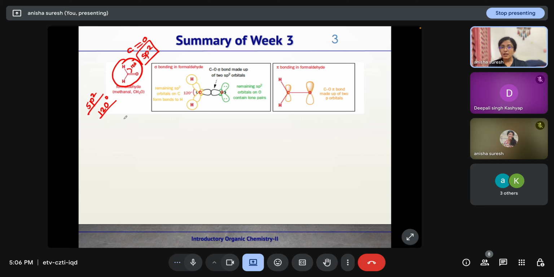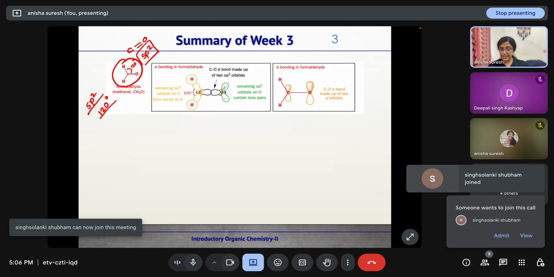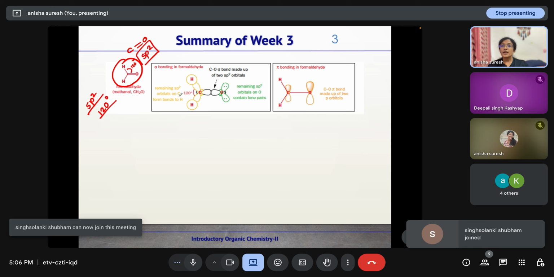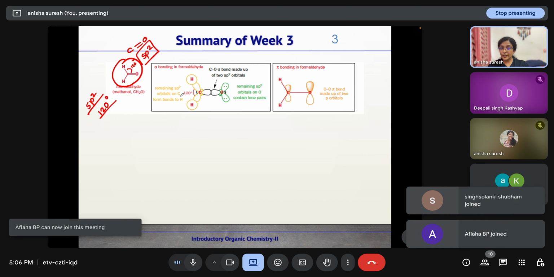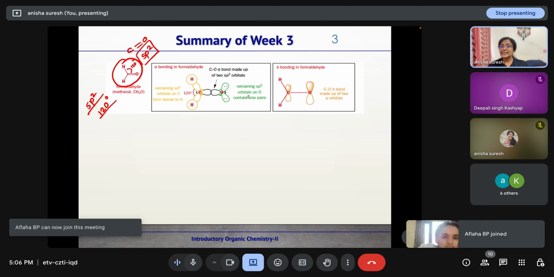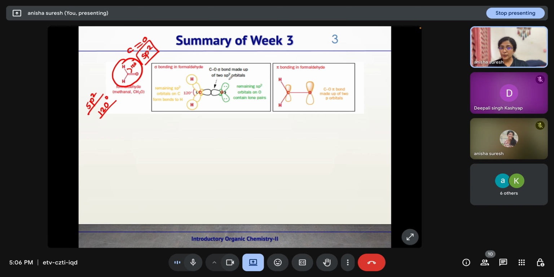120 degrees. Now they have shown how bonding is taking place. We have an sp2 hybridized carbon atom and an sp2 hybridized oxygen atom. One of the sp2 hybridized orbitals of carbon will overlap with the sp2 hybridized orbital of oxygen, resulting in the formation of this CO sigma bond.